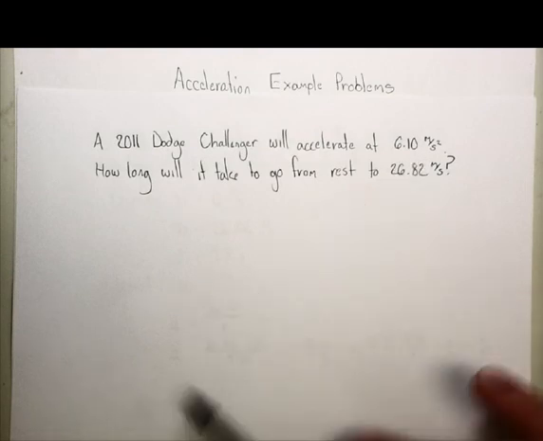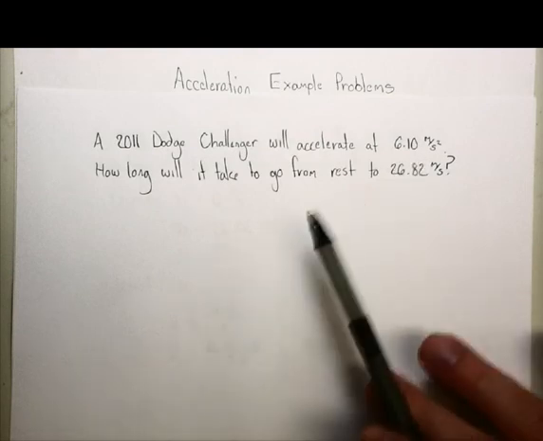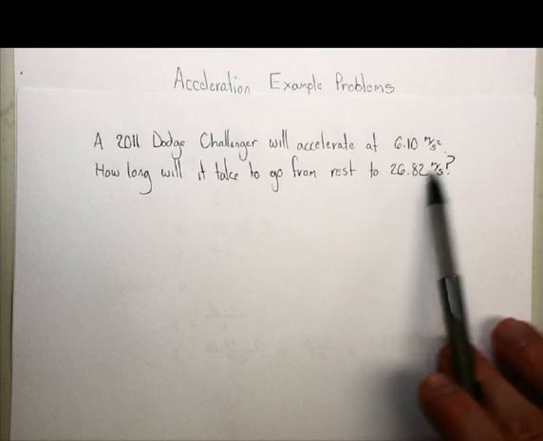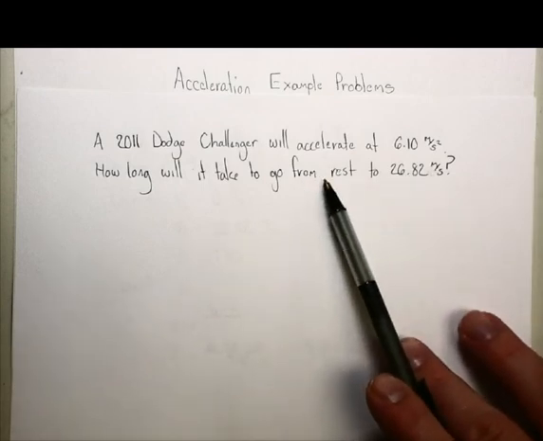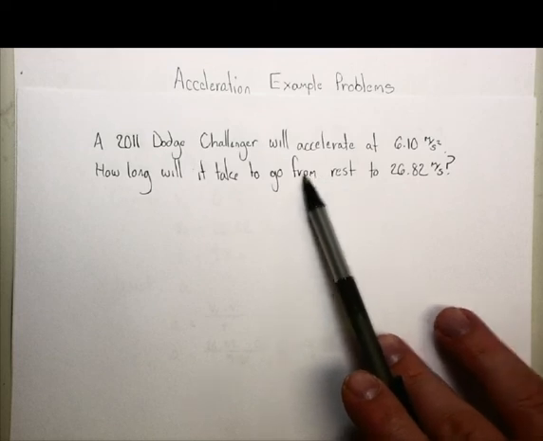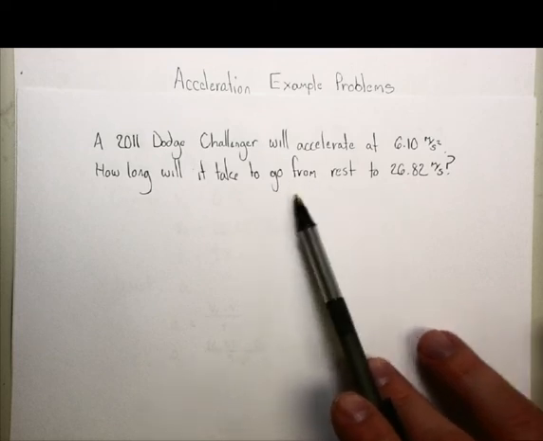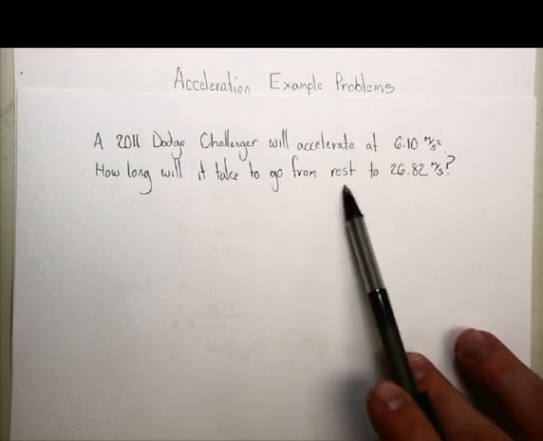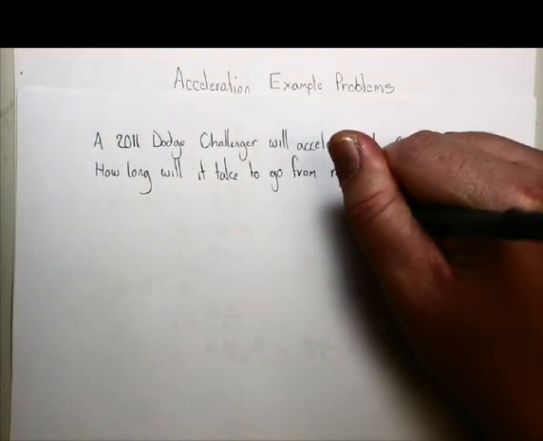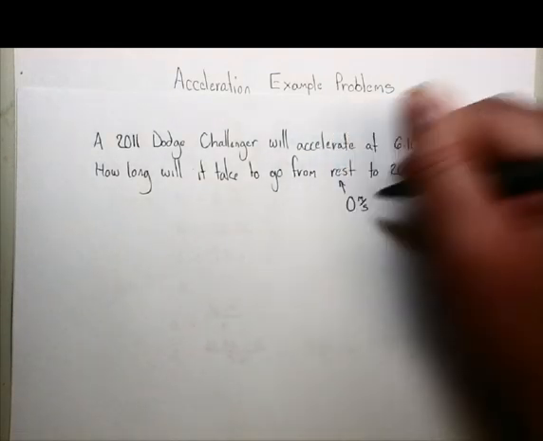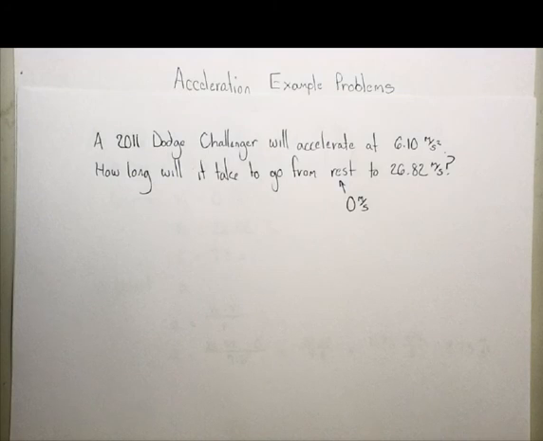We want to know how long it will take, how much time will pass to go from rest to 26.82 meters per second. Notice it says from rest. Anytime you see something as being at rest or starting from rest or coming to rest, what that means, rest means not moving. 0 meters per second of speed. So that's just a fancy way of saying that.